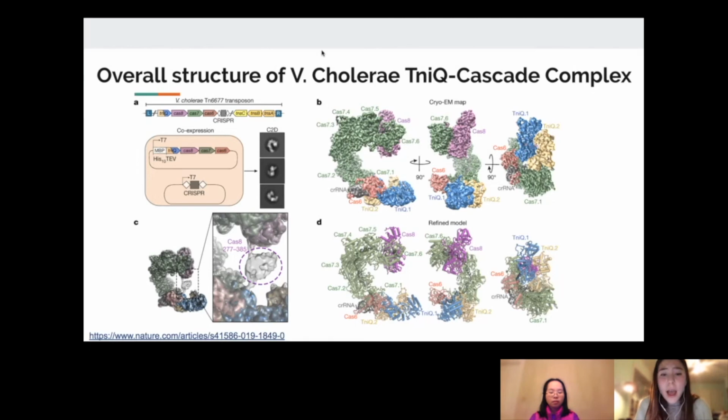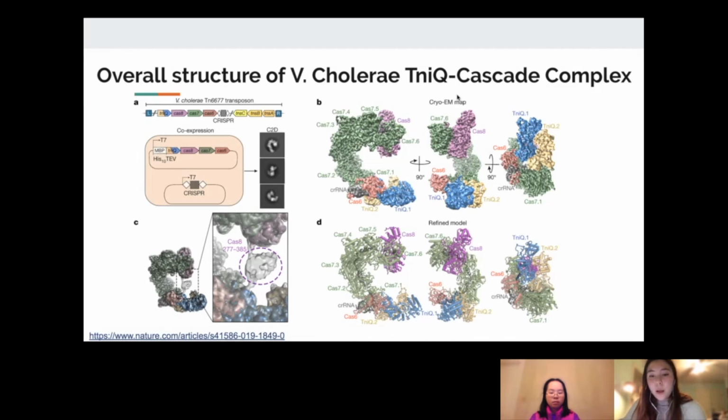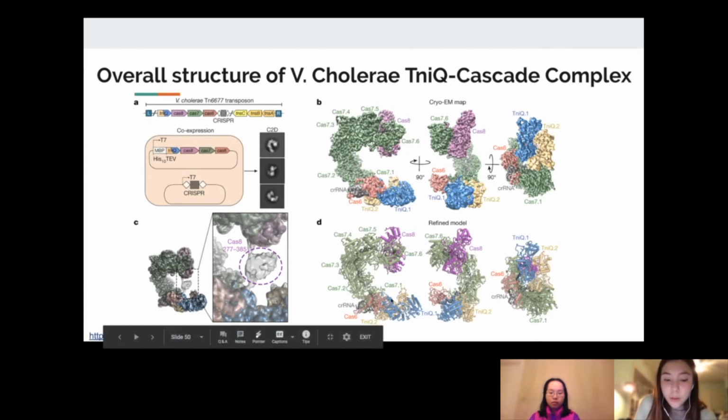If we look at these structures, these represent the cryo-EM maps that were gained from using cryo-EM on the purified TniQ cascade complexes. We can see it in a variety of different orientations, and we can see both the naked cryo-EM map and the refined model.